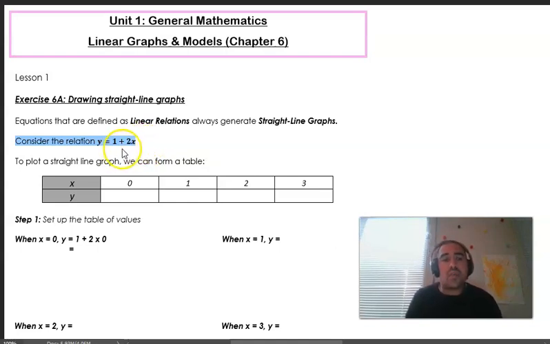For now, we're just going to consider the relation y equals 1 plus 2x. This equation here is just a random equation. There's nothing abstract about it. All this is saying is, if we look at the right hand side, 1 plus 2x, if you give me any x value, there will be a corresponding y value to it.